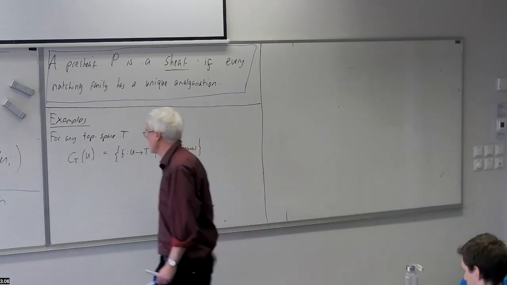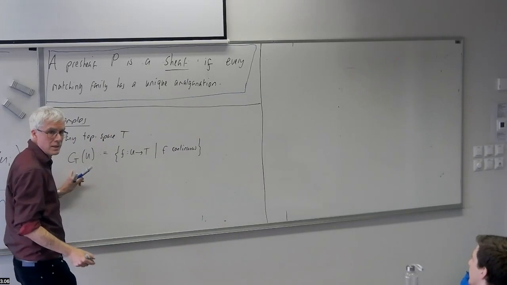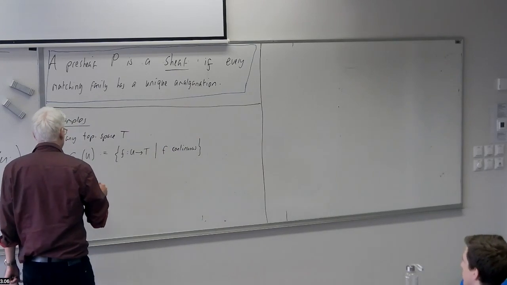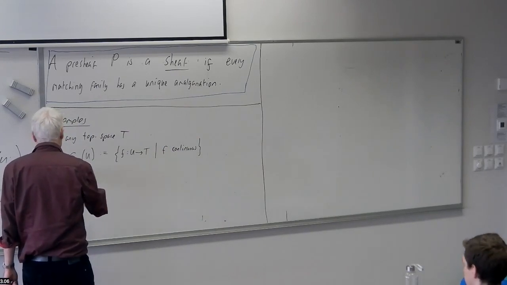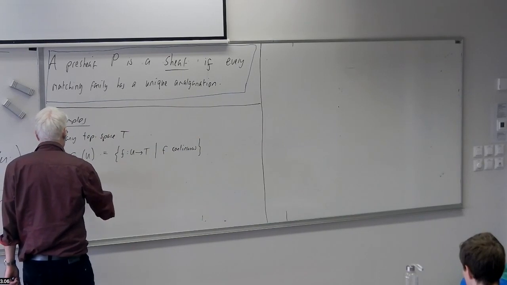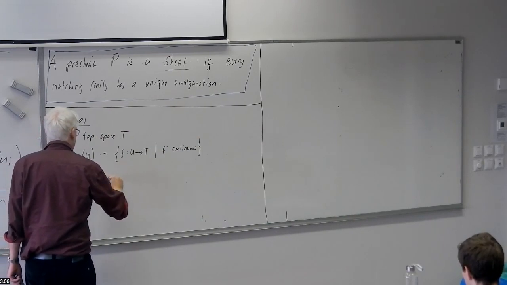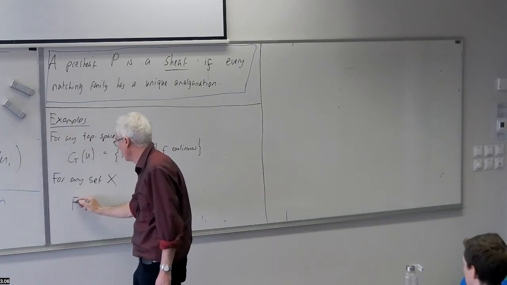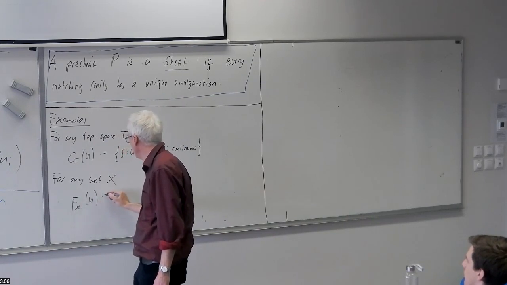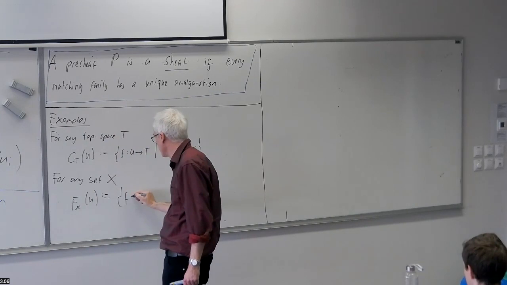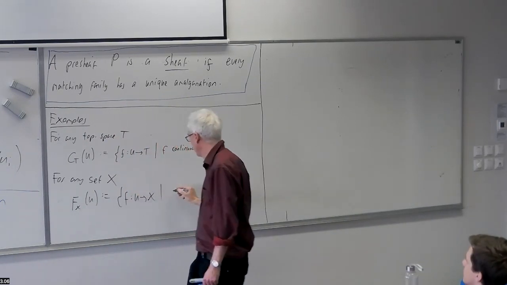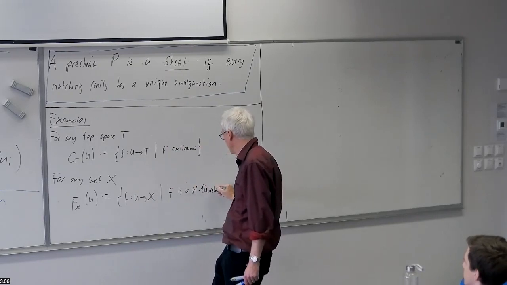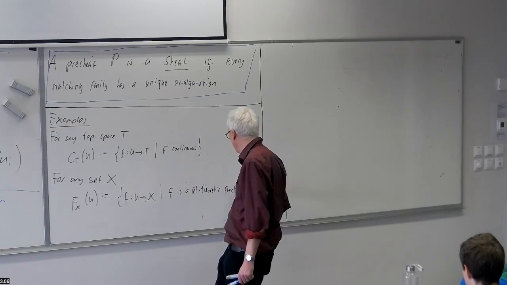That's a sheaf for the same reason as before, because the property of continuity is determined locally. Also, for any set X, we can look at what we might call F sub X of U, which is the set of all functions f from U to X, where f is a set-theoretic function.